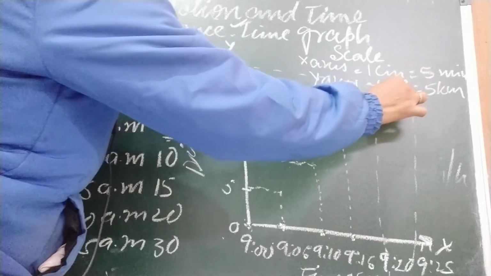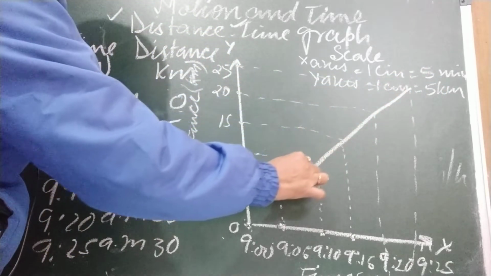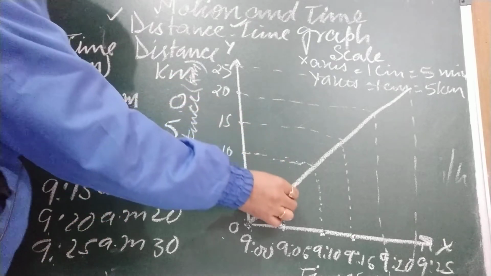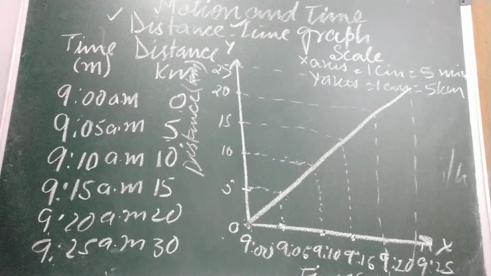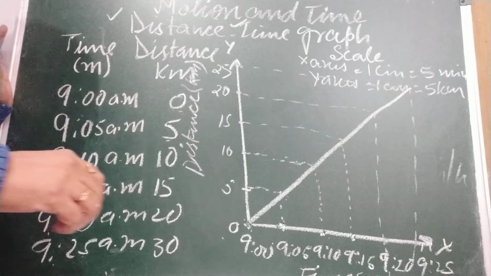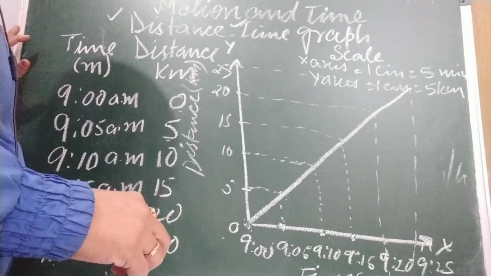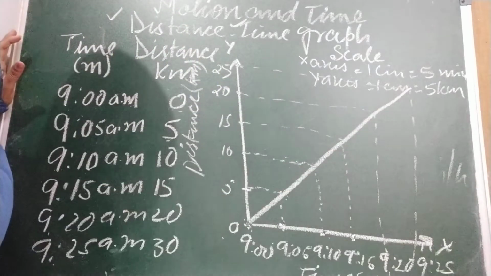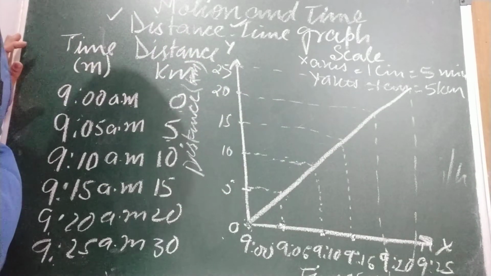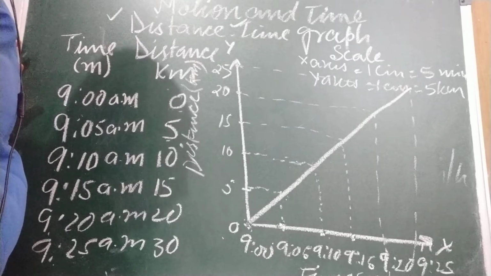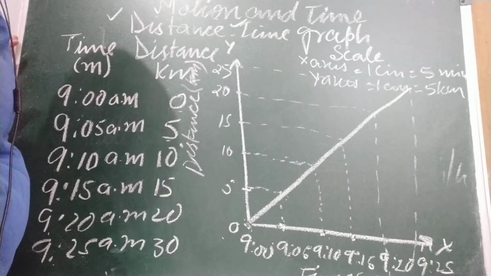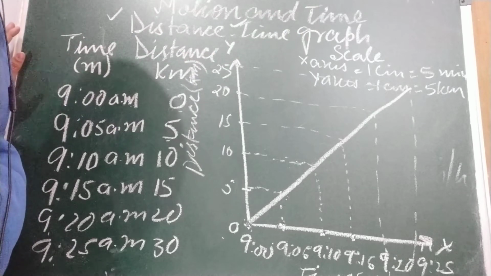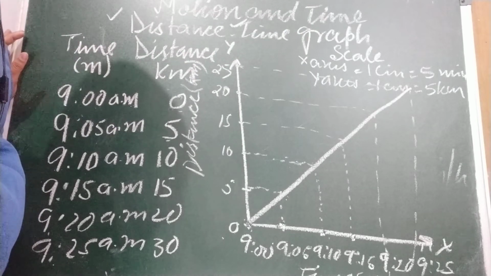Now we are going to join these points, we will get the straight line. When we get this straight line, it means the vehicle is moving at uniform motion or uniform speed. So our body is said to be in uniform motion if it travels in a straight line and covers equal distance in equal intervals of time.